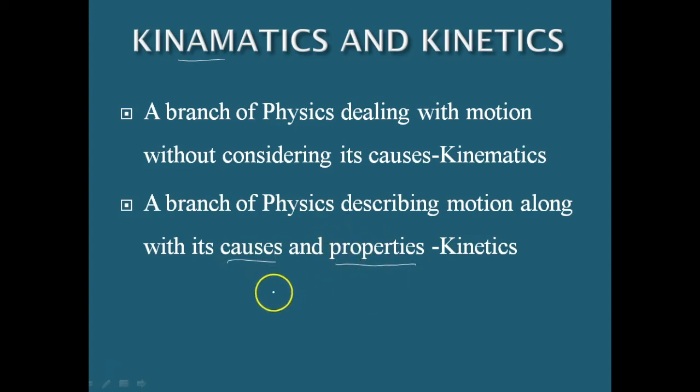So in kinetics, if I say an object is in motion, first we should know what is the reason, what is the cause behind that, and what are the properties of that kind of motion. We study each and every part of that motion, the things related to that motion and especially the causes.